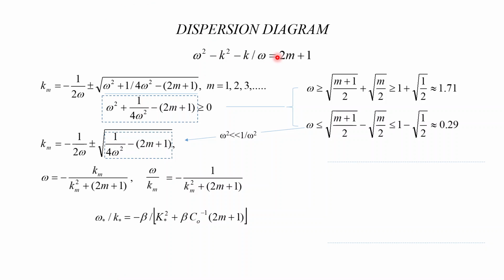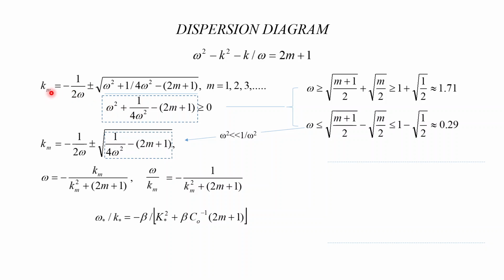So we're starting from the dispersion relation. You can rearrange it and express the equation in the form of k as a function of omega. Okay, here m equals integer 1, 2, 3, and more.